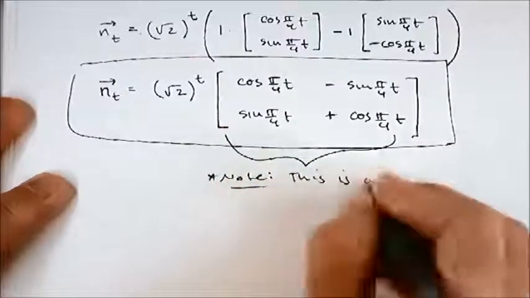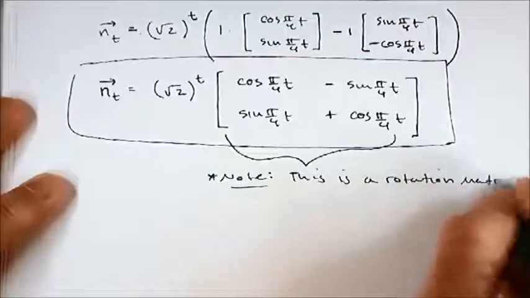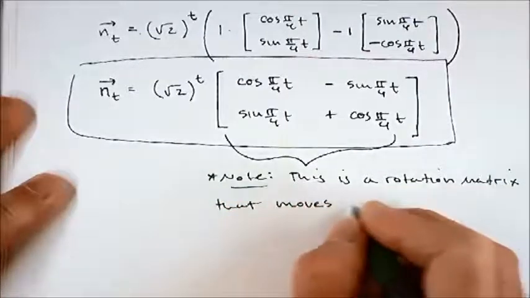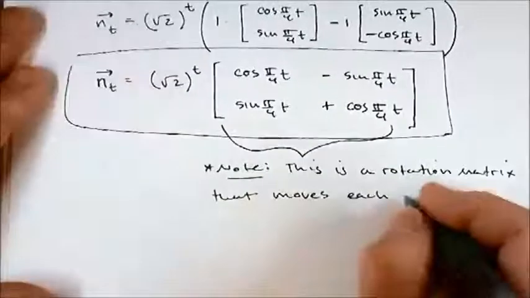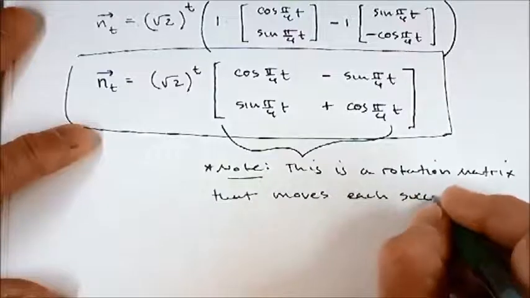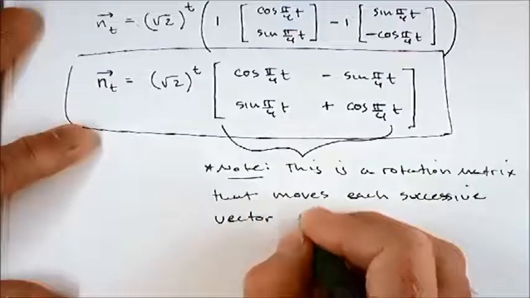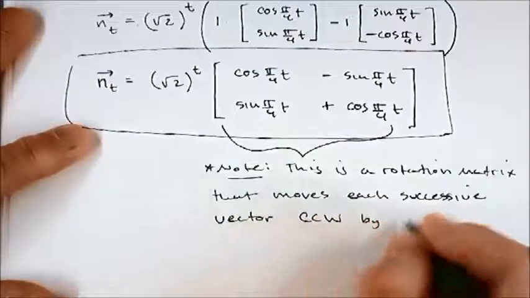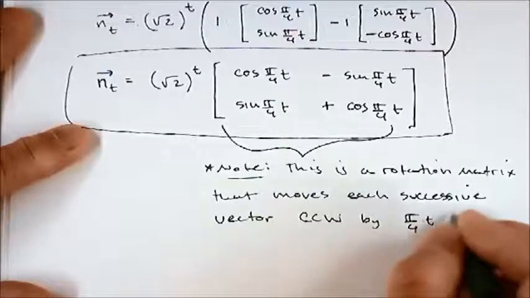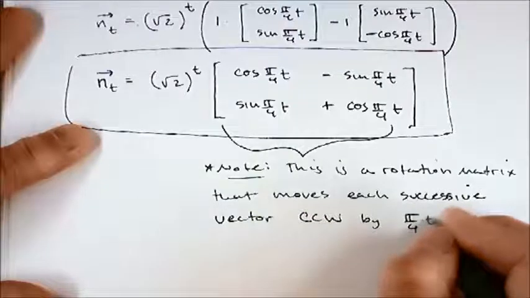This is a rotation matrix that moves each successive vector counterclockwise by pi over 4, really pi over 4 times t, whatever t is. Assuming t is incrementing by 1, then it's going to move it counterclockwise by pi over 4.